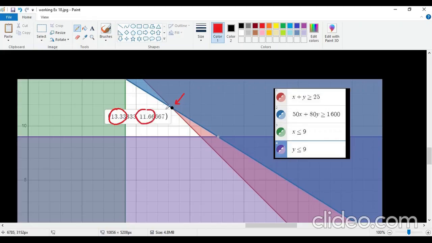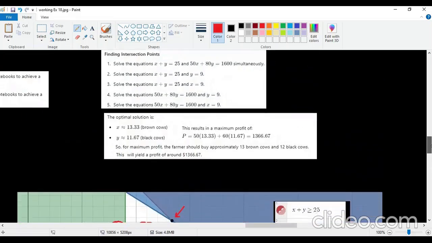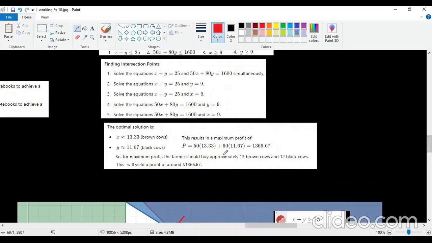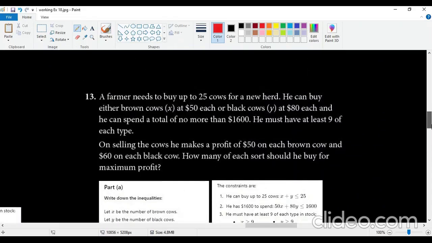So it is going to be this point, and once we put this into the profit condition, 50 of first kind and 60 of another, these two points are x and this one is y. Once you put in the calculation, it's going to give us this much of profit, which is the required answer of the asked question.